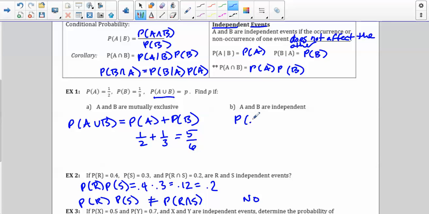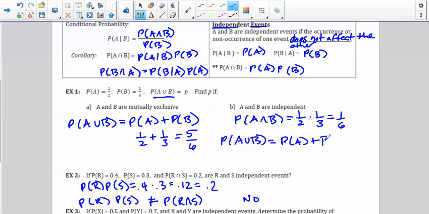So the intersection of A and B is going to be the probability of A times the probability of B, 1/2 times 1/3, which is 1/6. And now I can say that the probability of A or B, or both, is equal to probability of A plus probability of B minus the intersection, probability of A intersect B. So that will be 1/2 plus 1/3 minus 1/6. And we'll get 4/6, which is 2/3.